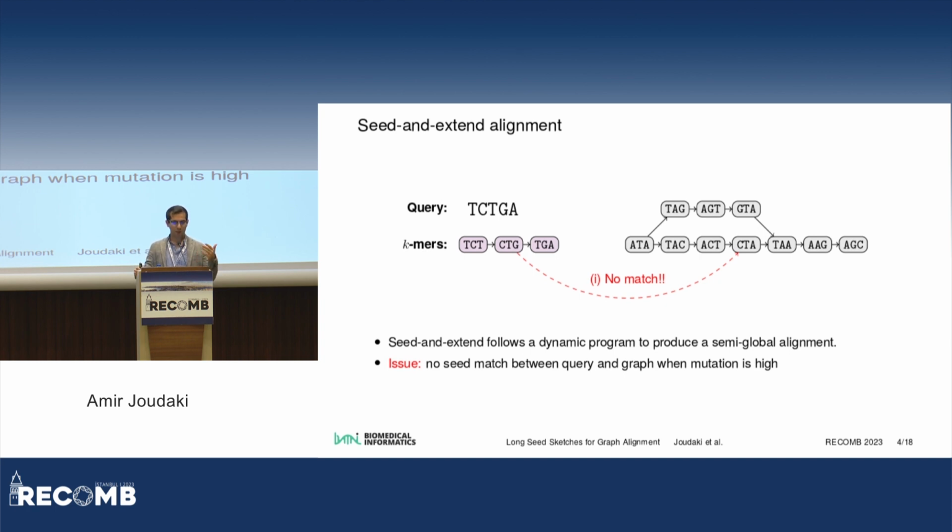And the second thing, which is maybe more connected to the theme of the talks at the conference, is that if you are looking for repeated regions, and it's important to know the copy numbers, k should not be shorter than the length of the repeated region, because otherwise you lose sight of how many times that repeated region occurred. So these are all the arguments that you don't want to reduce k too much, because it introduces other problems.